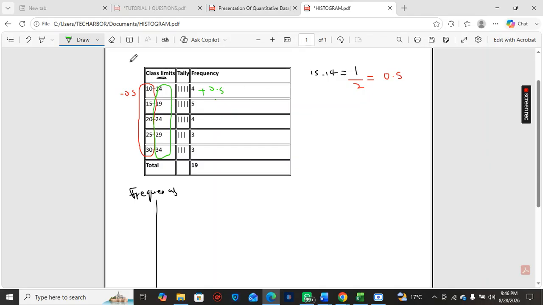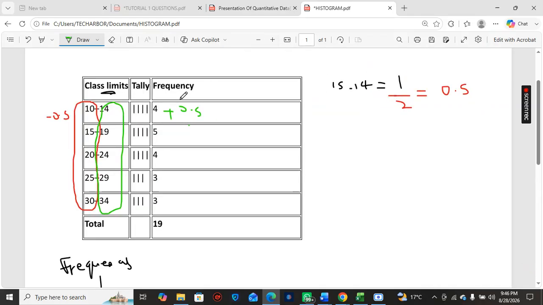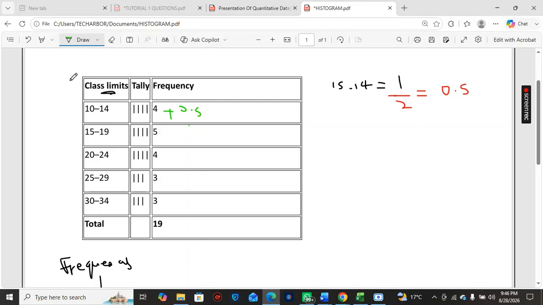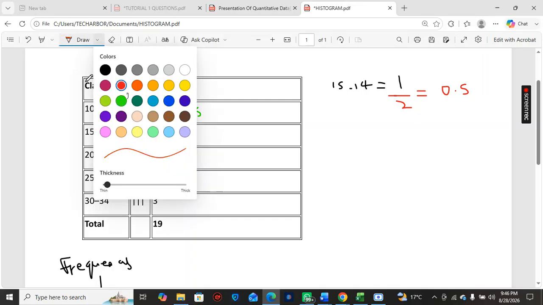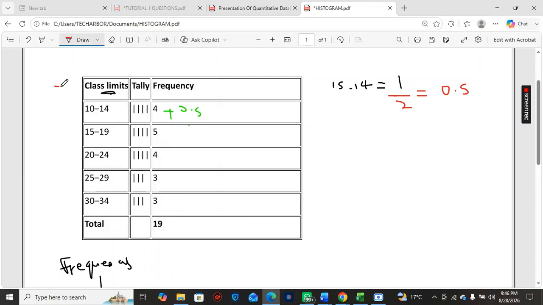So we're going to start with our first class. 10 minus 0.5 becomes 9.5. Then 14 plus 0.5 gives you 14.5.